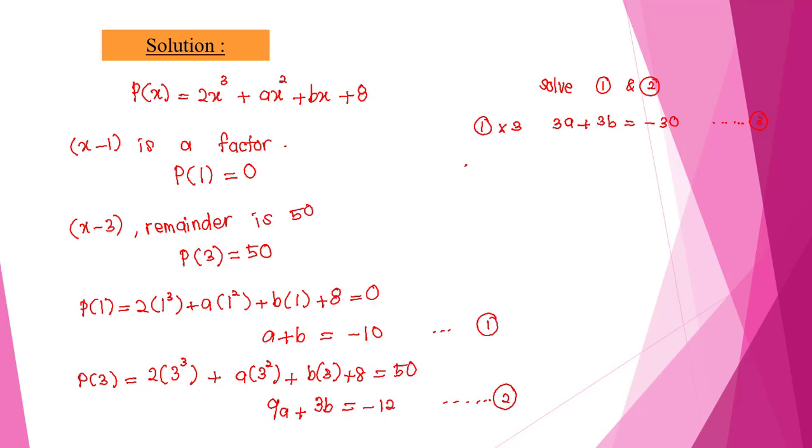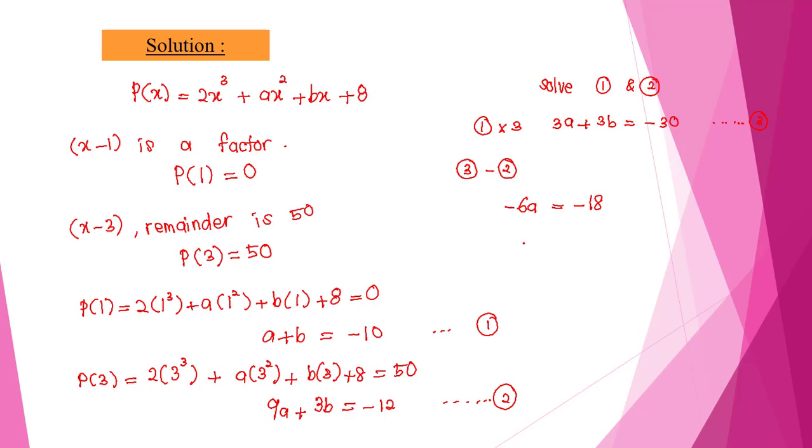The third equation I will subtract with the second equation. So 3a minus 9a, I will get negative 6a. 3b minus 3b, those cancel out. And then negative 13 minus 12, I will get negative 18.